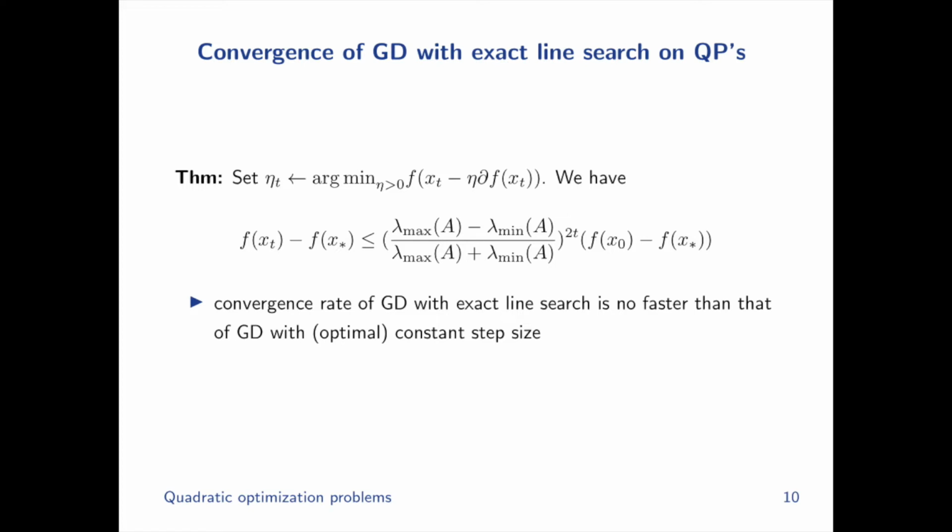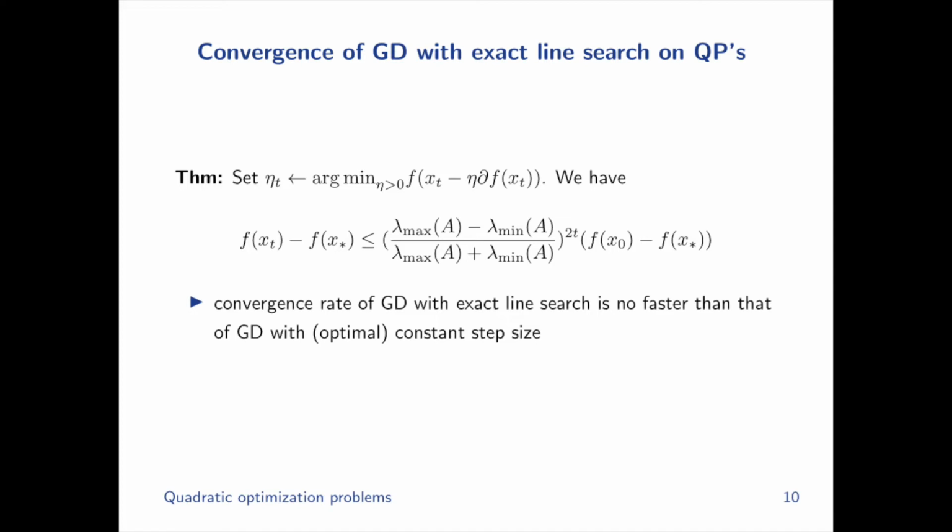After all, with constant step sizes, you're always making the same step size. Here, I am exactly minimizing along the search direction each iteration. Before I was not, so I should be making more progress each time. And the answer is yes, you are going to be making more progress, but in the grand scheme of things, it doesn't really matter. So it doesn't really affect the rate of convergence.